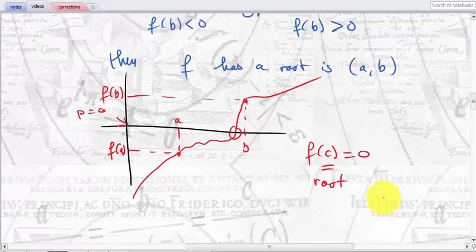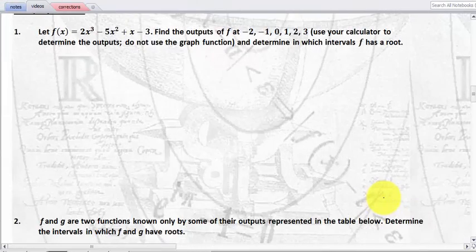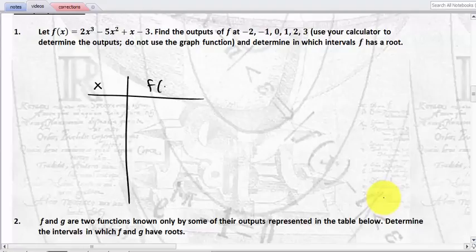Let's go over the first example before I present to you the dichotomy method, the bisecting method, bisection method. Okay, example number 1. I want you to find the output of f. Here's the way I'm going to present that. I'm going to do a table here, f of x right there.